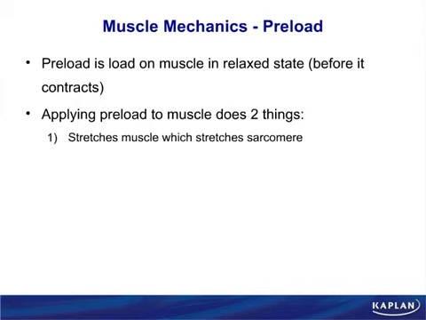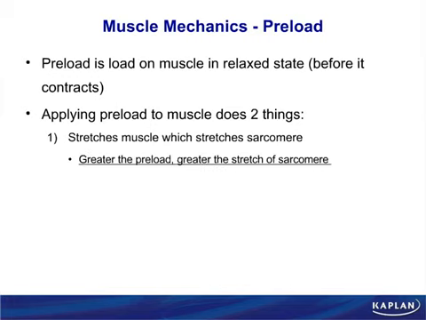So putting a load on the muscle before it contracts stretches the muscle, and the greater the preload, the greater the stretch, which should make sense. Second, this preload is going to generate what we call a passive tension.